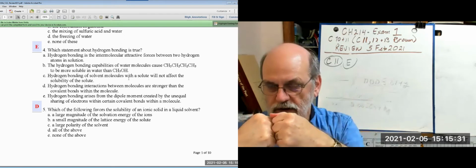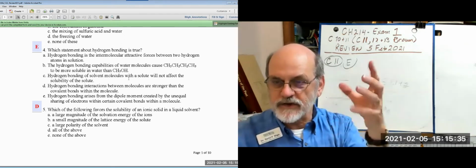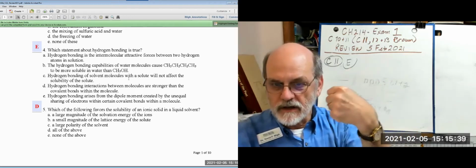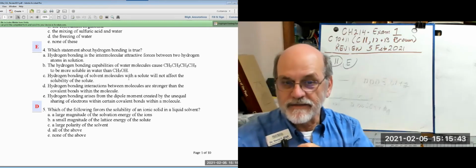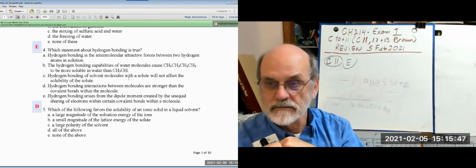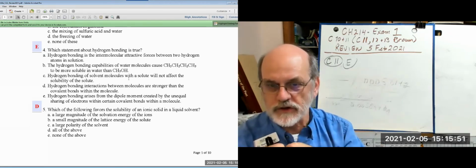When they come together, we've already made the holes and separated the solute. So if there's a large solvation energy, they come together, then that should favor solubility. That's true. The stronger the attraction, the more likely they are to form a solution.